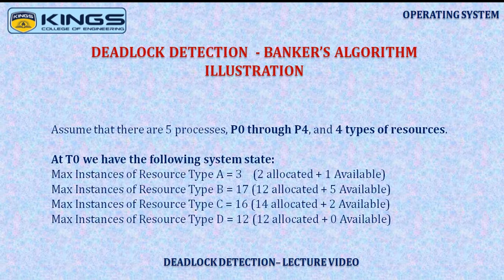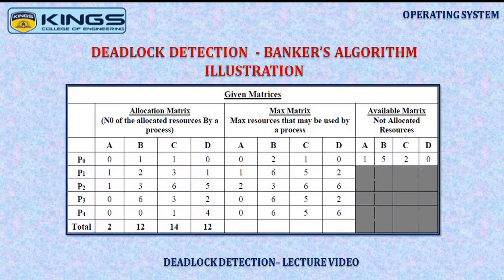So the current state definition of the problem is given here. Let us proceed further. As taken as an illustration, we are first moving on with the allocation matrix.